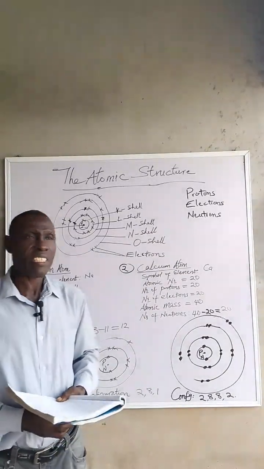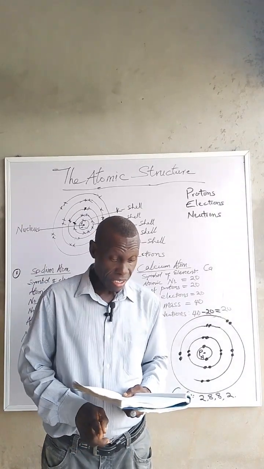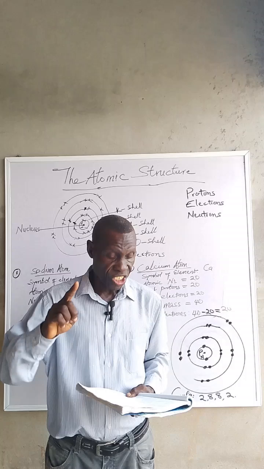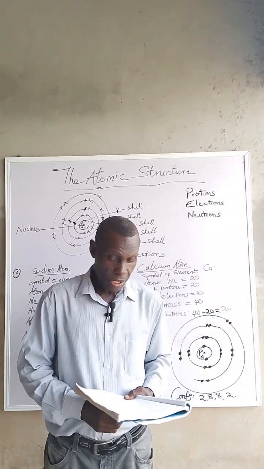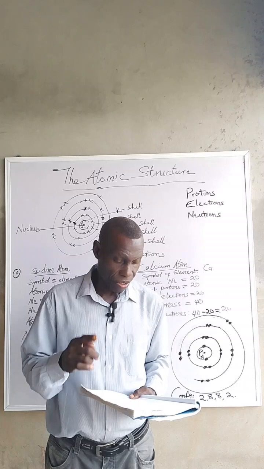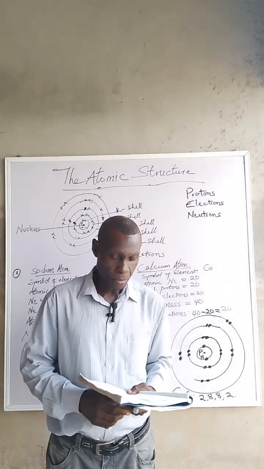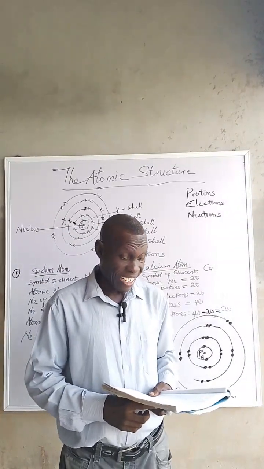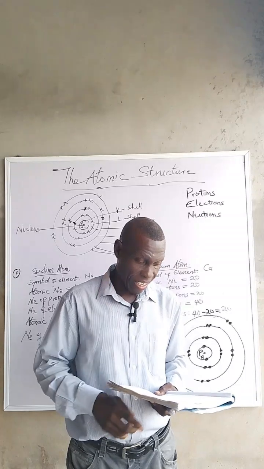Now, considering the first 20 elements in the periodic table, hydrogen has only one electron, and that electron occupies the K shell. The second element is helium. Helium has two electrons. Those two electrons also occupy the K shell. The third element is lithium. Lithium has three electrons, so two electrons in the K shell and one in the L shell.